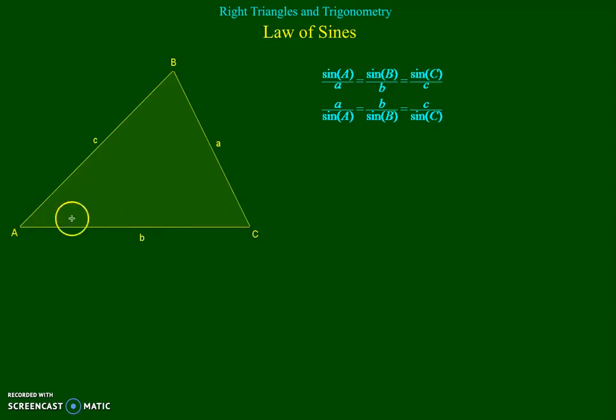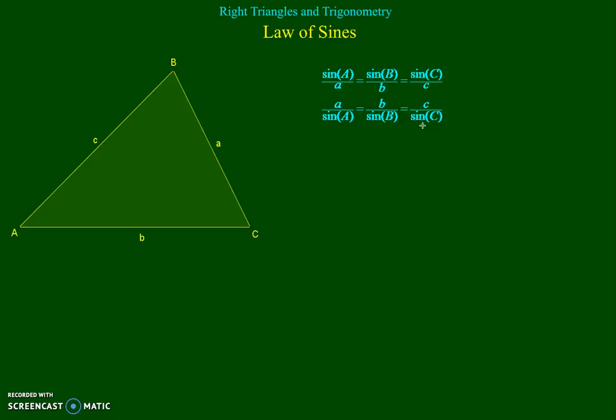The law of sines is stated: the sine of A over side A equals the sine of B over side B, which equals the sine of C over side C. And based on the rules of proportions, we can manipulate this to look like this. So you can also say A over sine A equals B over sine B equals C over sine C.